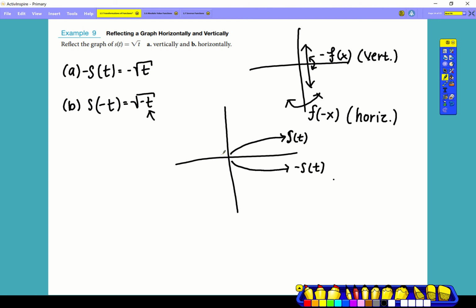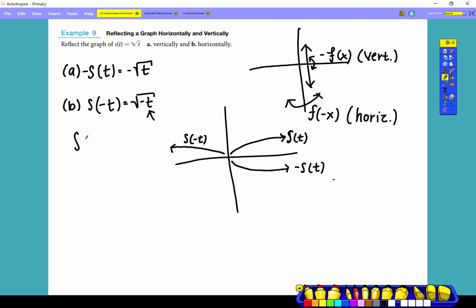So what this says is that, well, we can't really do this. We would really have to restrict the domain to negative values of t so that we could get positive values. Because the only time you're getting a positive value is when your t is negative.